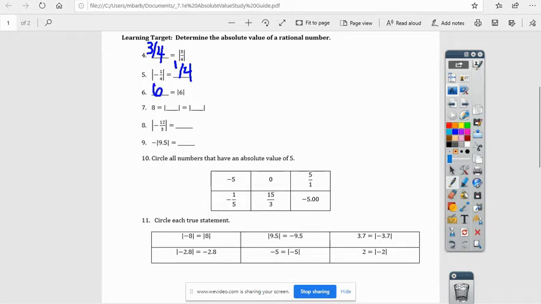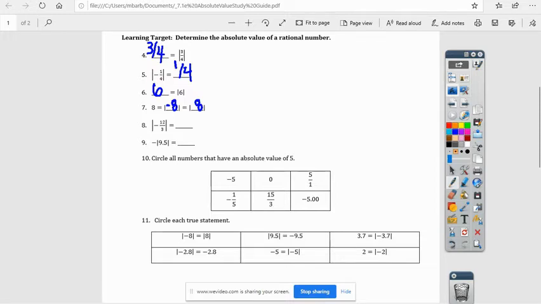And number 7, 8 equals absolute value equals absolute value. We know that can either be a -8 or a +8, and it'll still equal 8 with the absolute value.